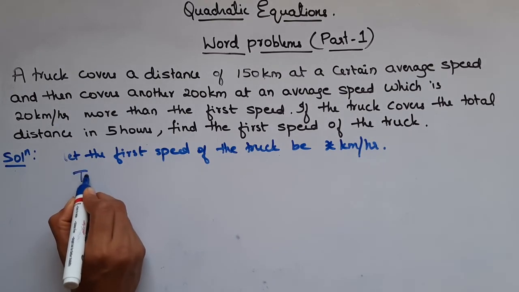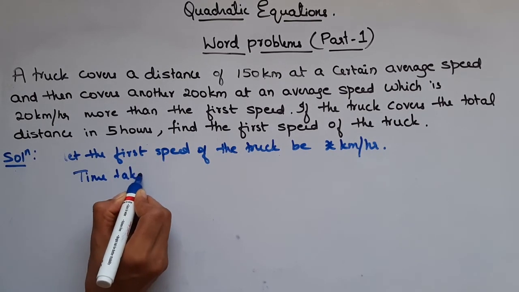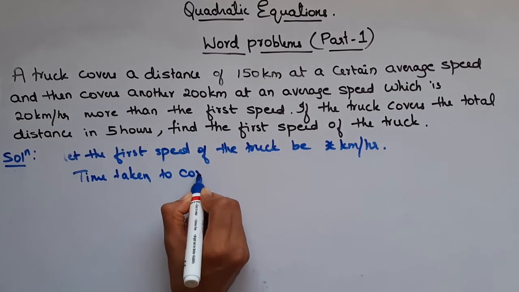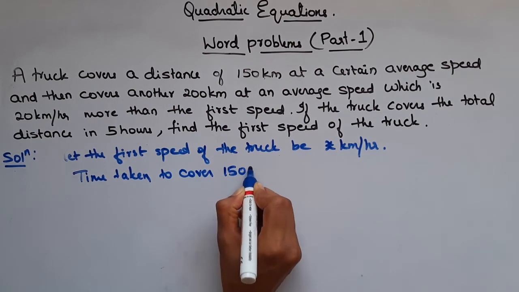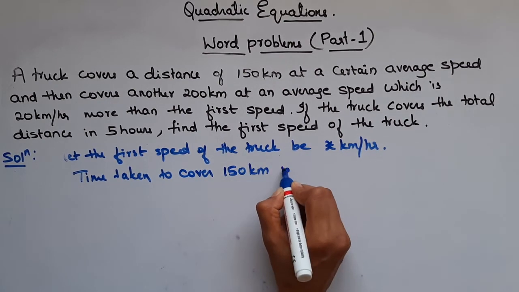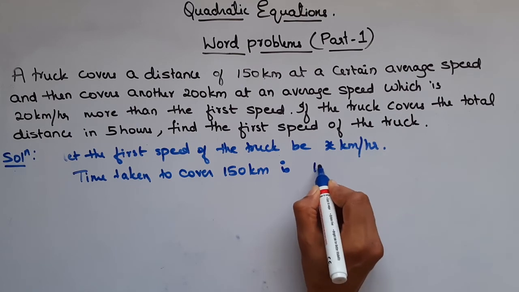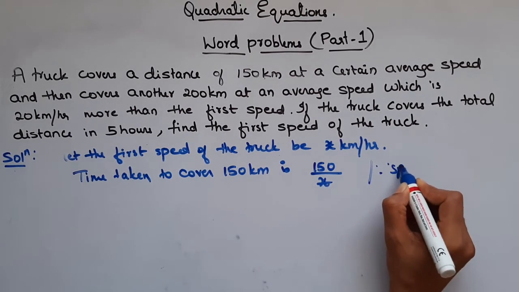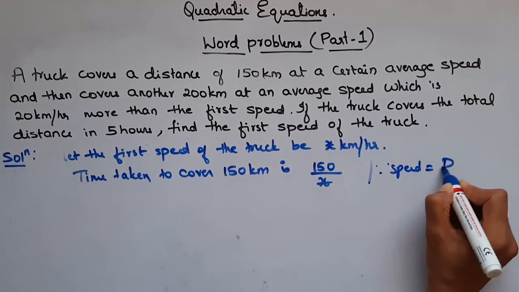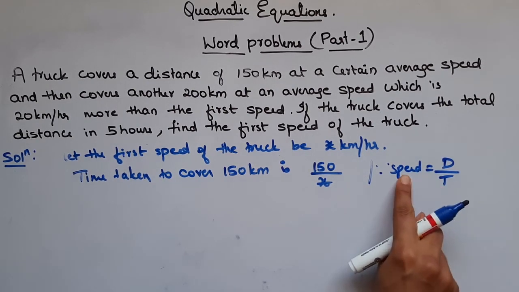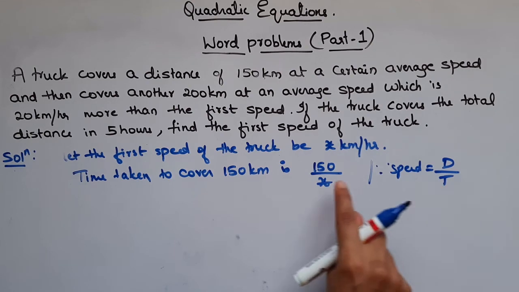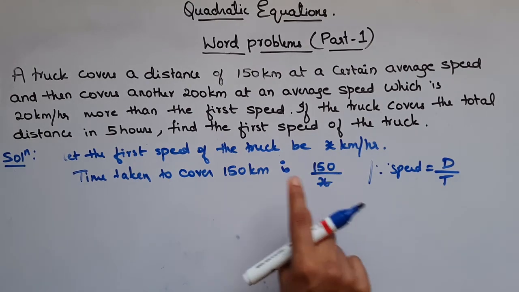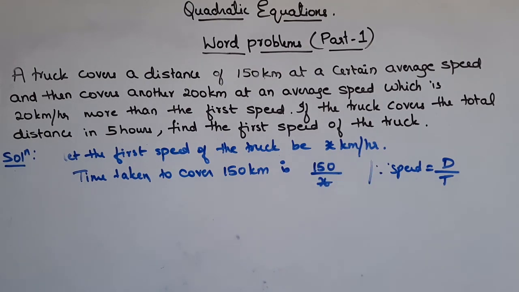So the time taken to cover 150 km is 150 by x, since speed is equal to distance by time. So time taken is nothing but distance by speed. So 150 by x, where speed is x kilometers per hour, right?